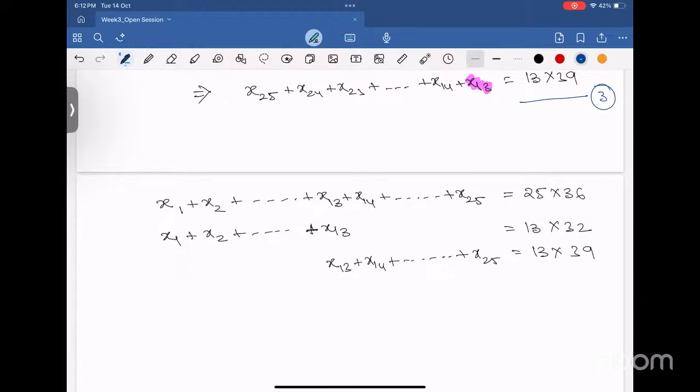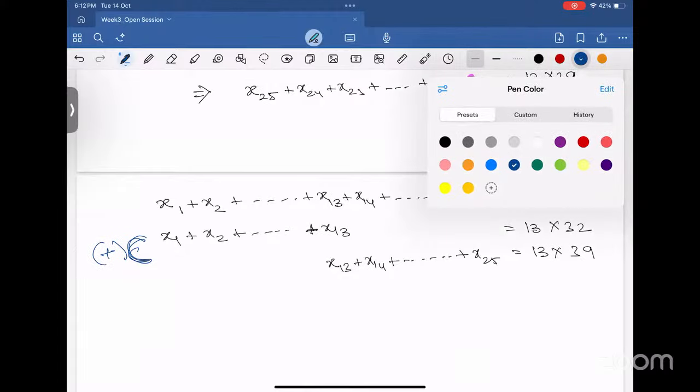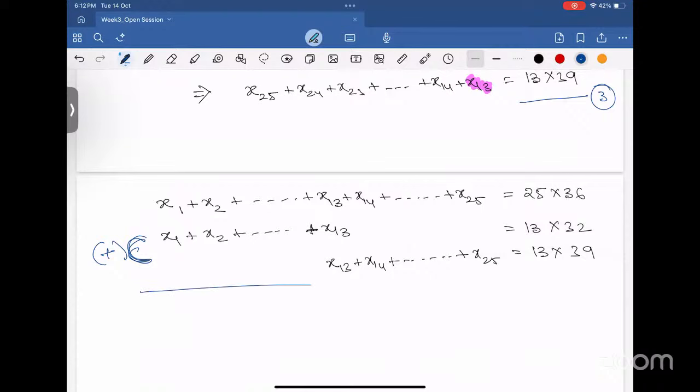So if I just add the last 2 equations, I'll have the sum of all the observations, but you see x13 is added twice. So I'll have the sum of all the observations and then an extra x13.